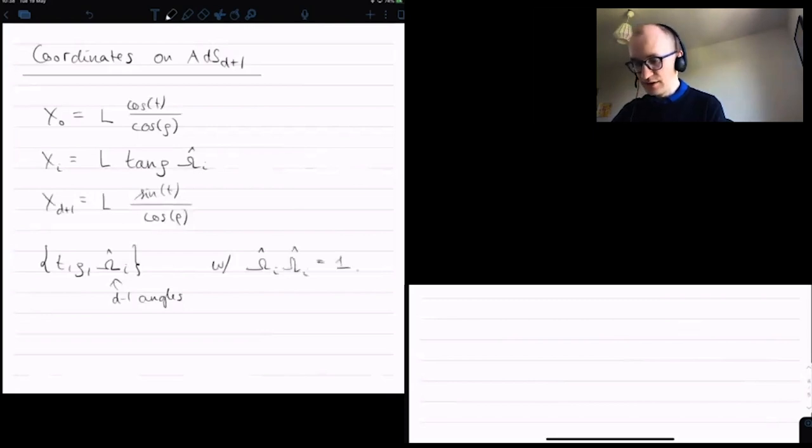What does that mean? Sorry, the sum, maybe I'll write the sum explicitly. I is equal to 1 up to d-1. So those parameterize a d-1 sphere of unit radius.